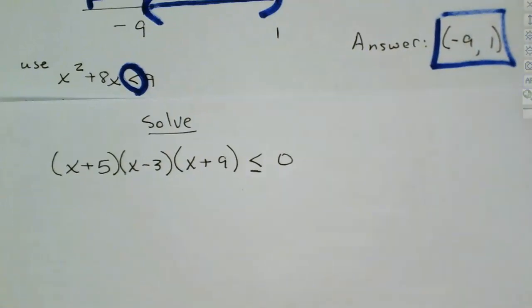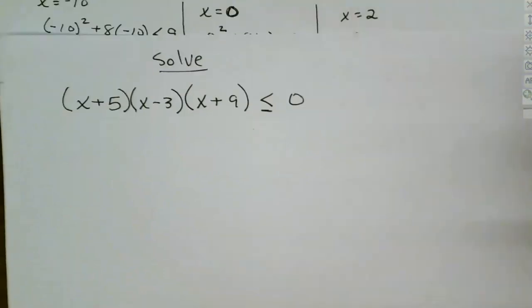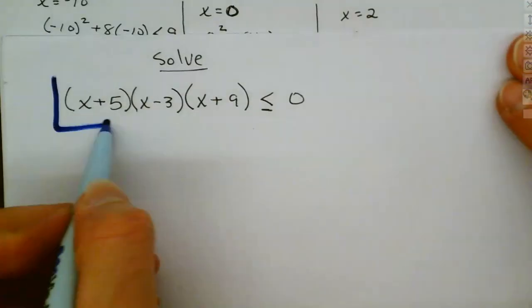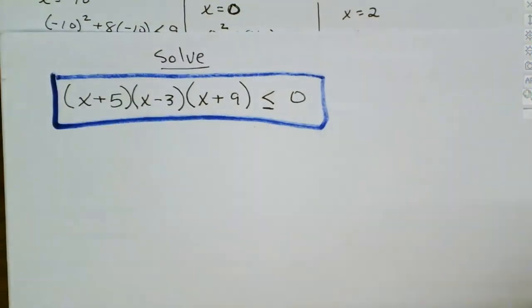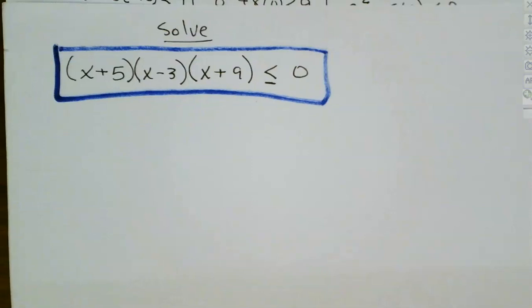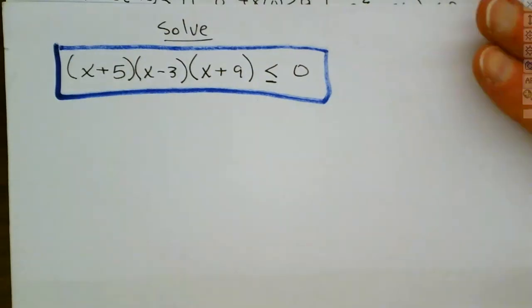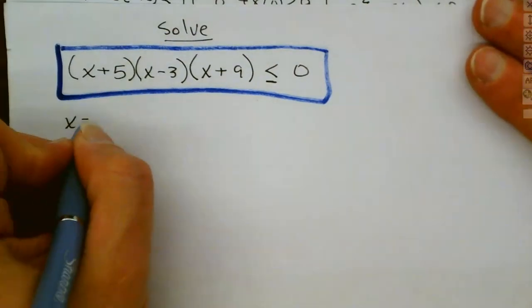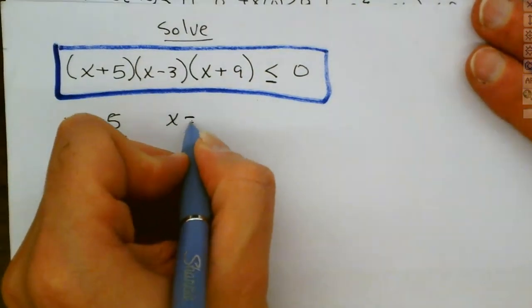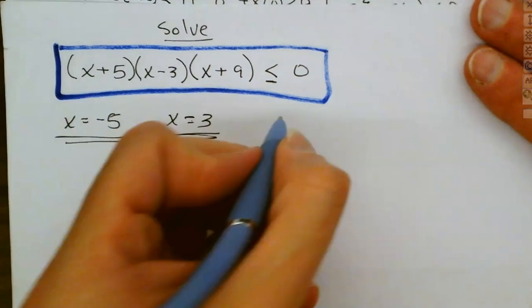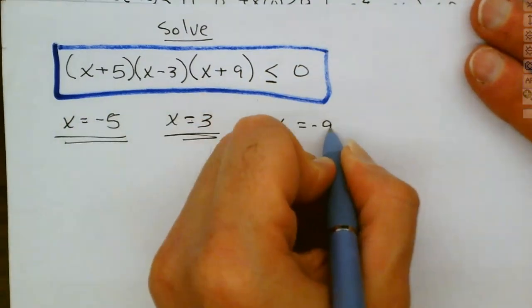So let's go ahead and get our critical points. This has already been factored. That's my original. I like to box it so I don't lose it because it's easy to lose track of that. And what are we going to use? We're going to use negative 5, positive 3, and negative 9.